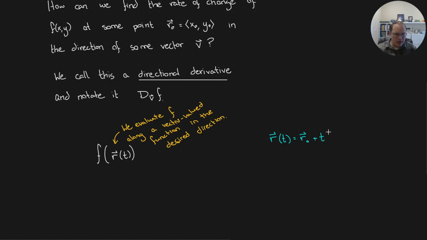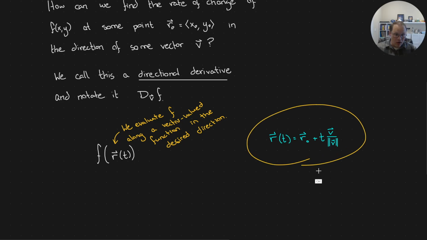Okay, so how do I do that? I end up needing to normalize vector v. I need a unit vector. Since if I use a unit vector, then if I plug in 1 for t, I'm moving 1 unit vector away from my initial point r0. Okay, 1 unit vector has length 1, so I'm moving length 1 away.